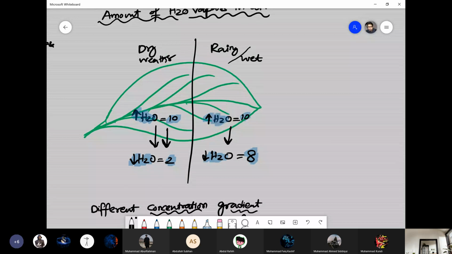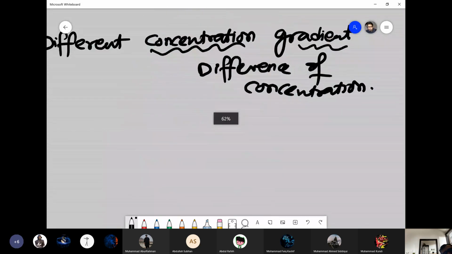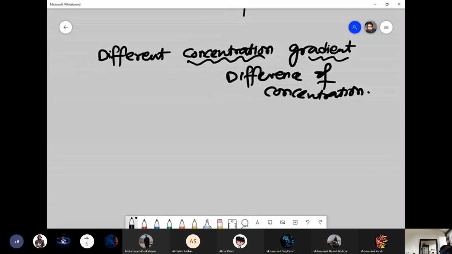Understood, everyone? So it means that if the humidity increases, there will be less transpiration, and if the humidity decreases, then there will be more transpiration.